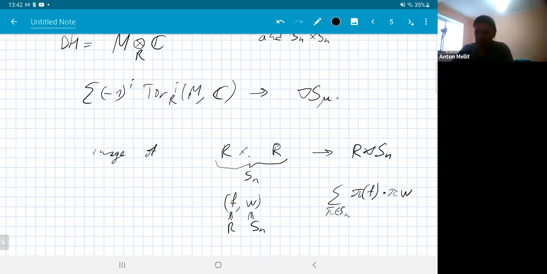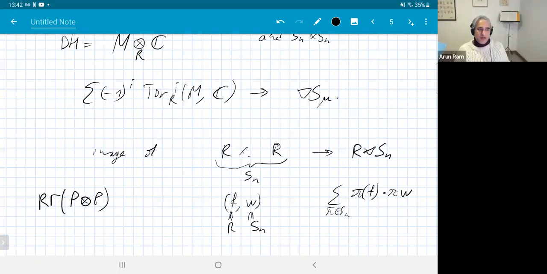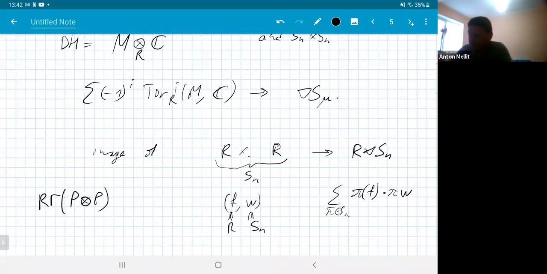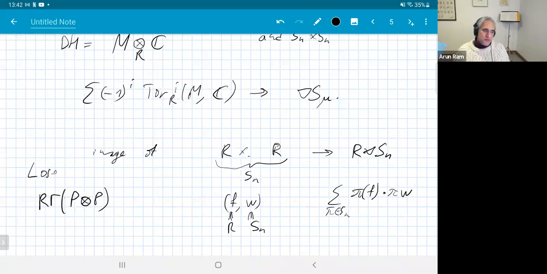So there is a recent paper by Loehr, and it's about R gamma of P tensor P and how it can be deformed to a module over, I think, a bimodule of a rational Cherednik algebra. And P here is a Procesi bundle? Yes, yes. Okay, all right, I will look. Thank you.